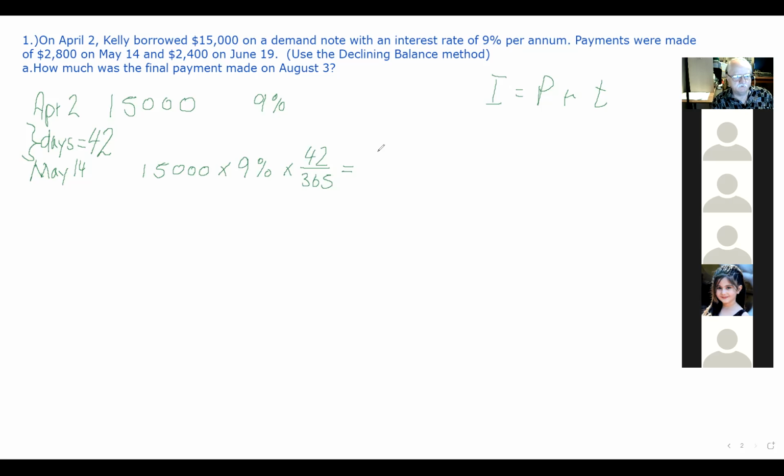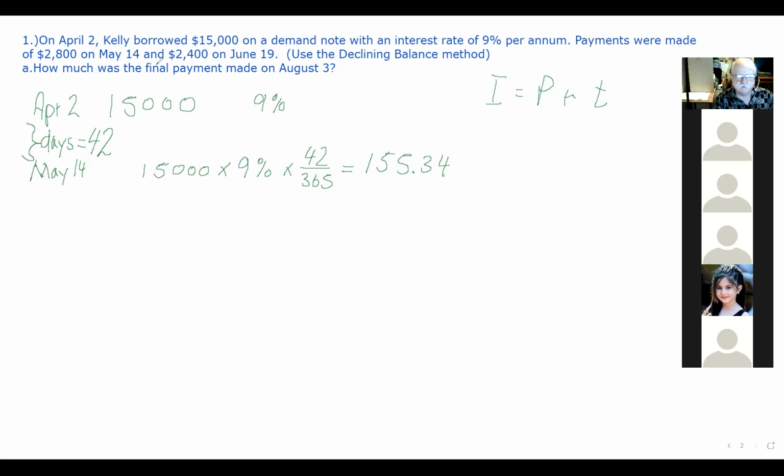So 155.34. Thank you. $155.34 is now interest owing, referred to as interest that has accrued on the loan.